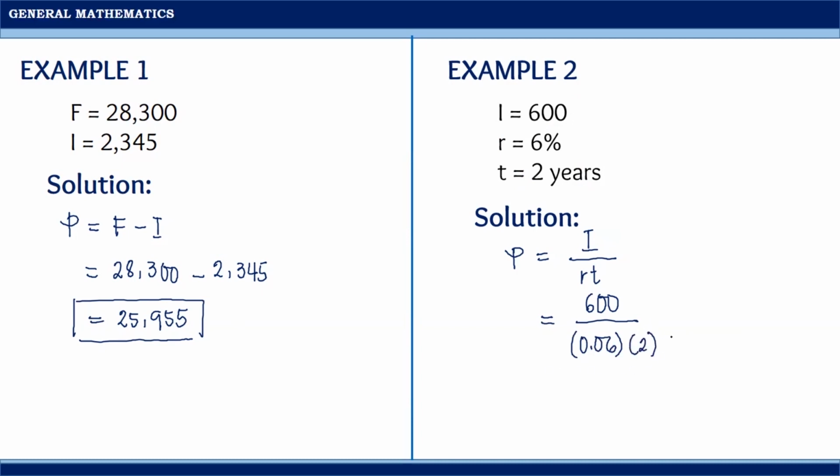Simplify first the denominator by multiplying 0.06 times 2. We will have 600 divided by 0.12. Simplifying now, 600 divided by 0.12, we will have 5,000. Therefore, the principal is equal to 5,000.